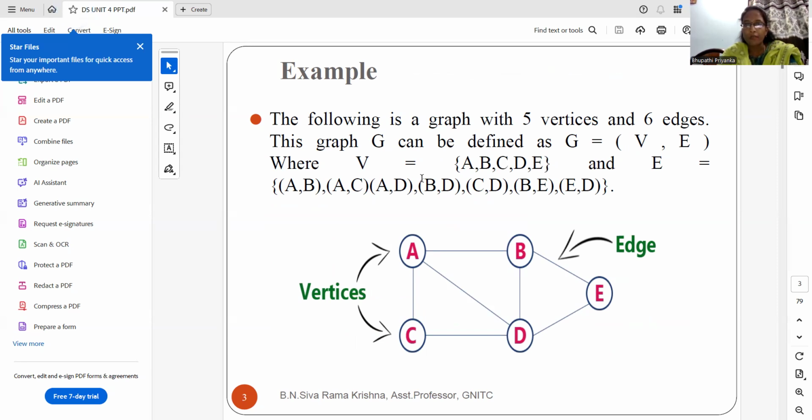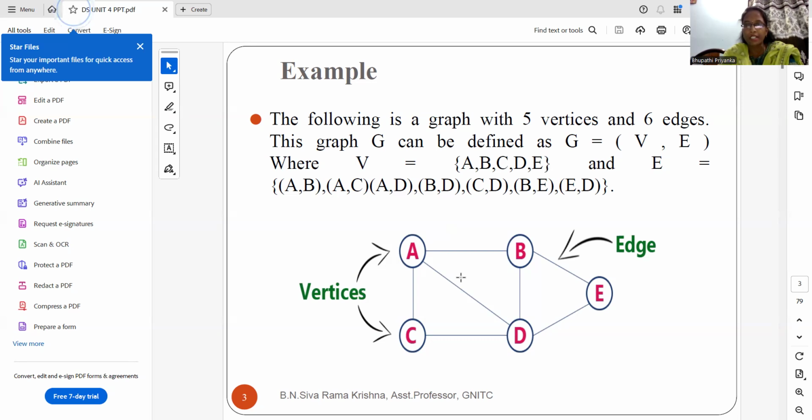See, for example, if we take 5 vertices and 6 edges in our graph, then the graph can be defined as G = (V, E), where V stands for vertices and E stands for edges. Then in our example, what are the vertices here?